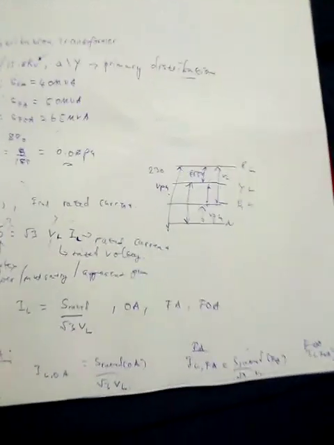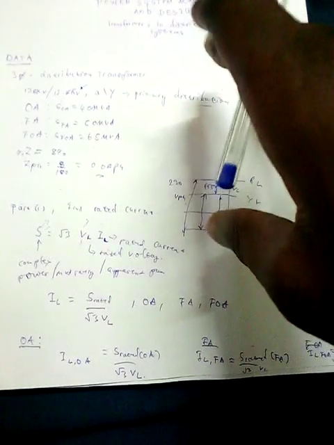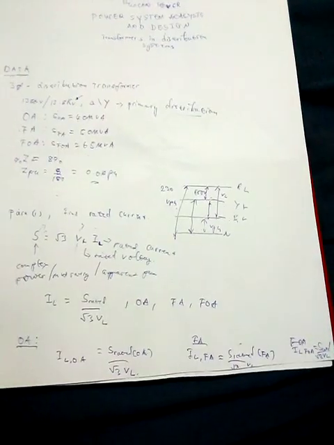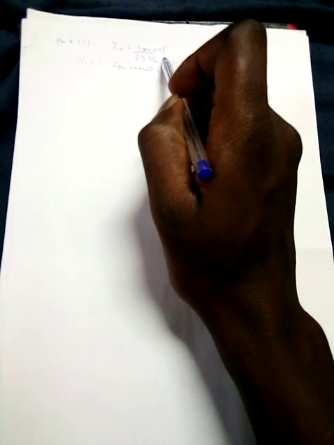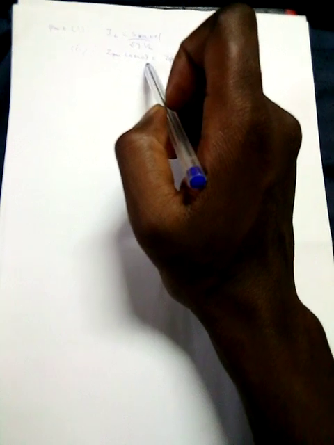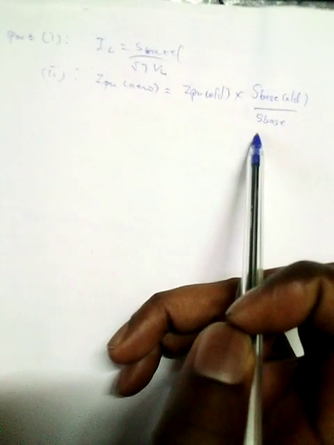So that being said, I'd just like to take a quick look at what else we'll do regarding the other parts of the question. For the first part of the question, we're using this formula. For the next part, we'll be using this particular formula: ZPU new equals ZPU old times S base old over S base.